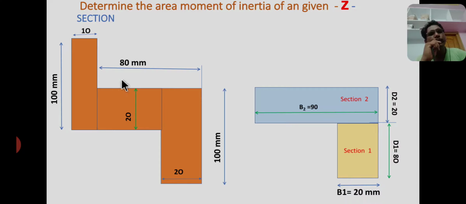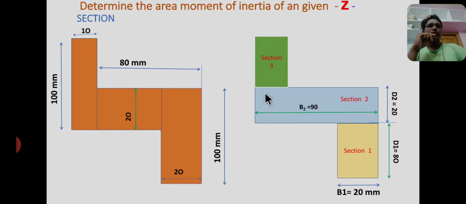Now I consider the third section from here to here, that is base 10 mm and height from here to here, 100 minus 20 equal to 80 mm. This is the third section, base b3 equal to 10 mm and d3 equal to 80 mm.